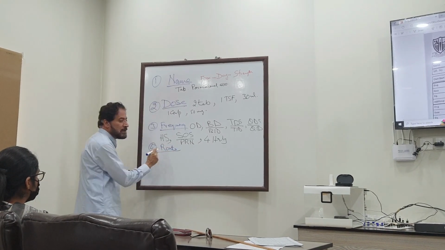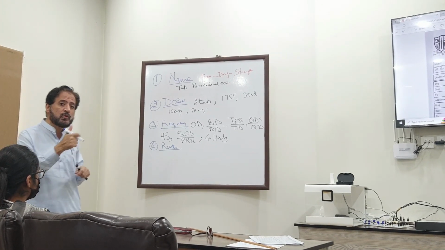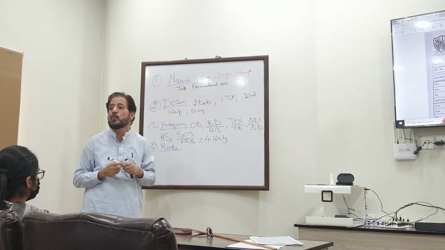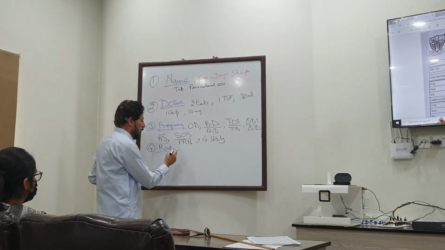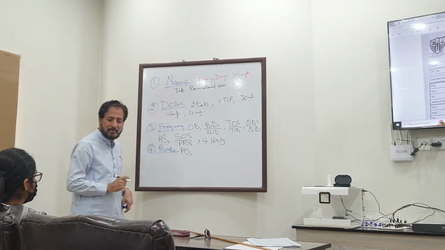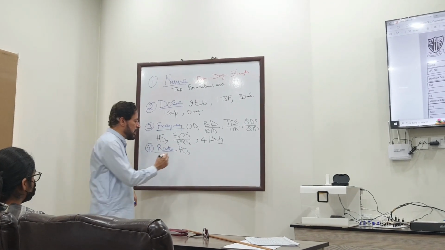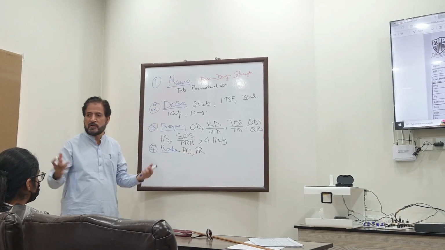Now it is obvious that tablets and capsules will be given orally, but you need to write it, you need to document it. That is how you want the medicine to go. So things can go orally, in which case it would be PO, that is per os, right? Or it could be per rectal, for example, like suppositories.